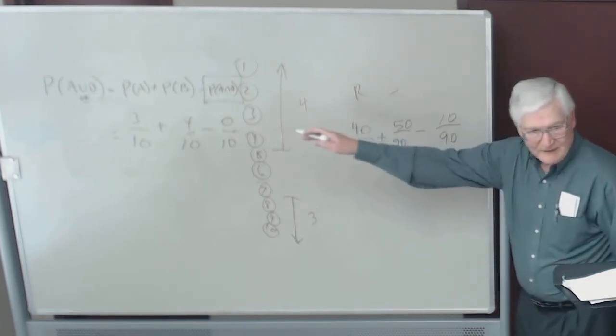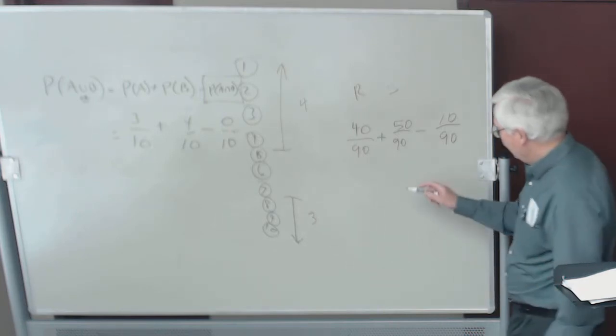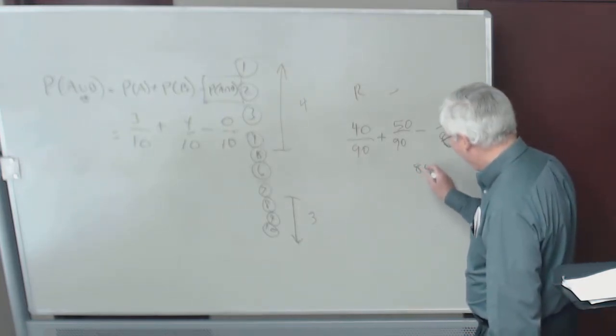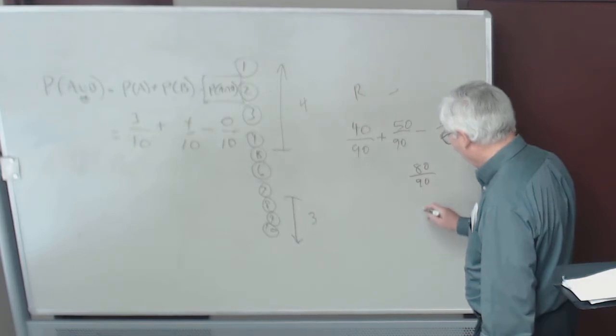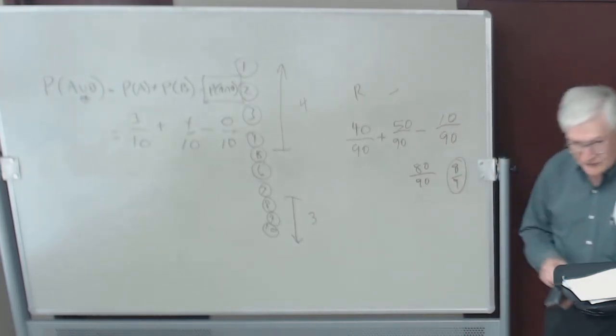You see how that fits that formula over there? So what would that be? 80 out of 90. Or 8/9 is probably what they would show in the answer key.